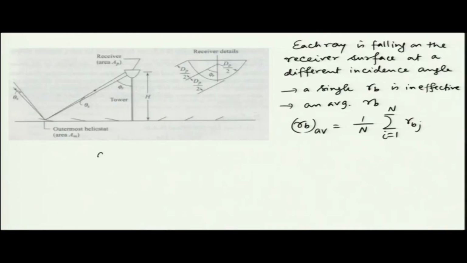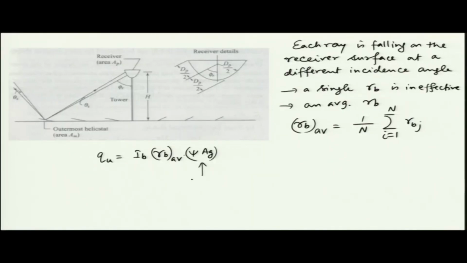So, what you can write now is this QU equals IB multiplied by RB average, and then the mirror area NAM, which is nothing but psi AG, right.